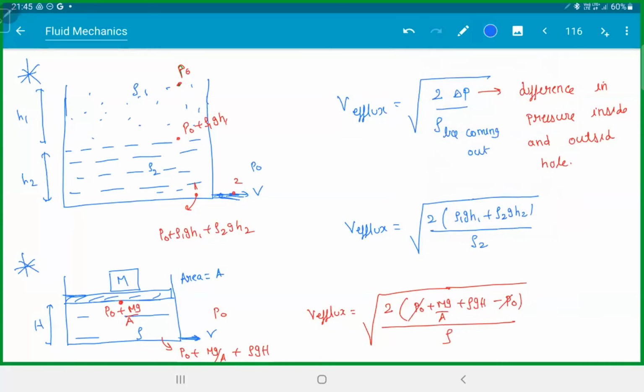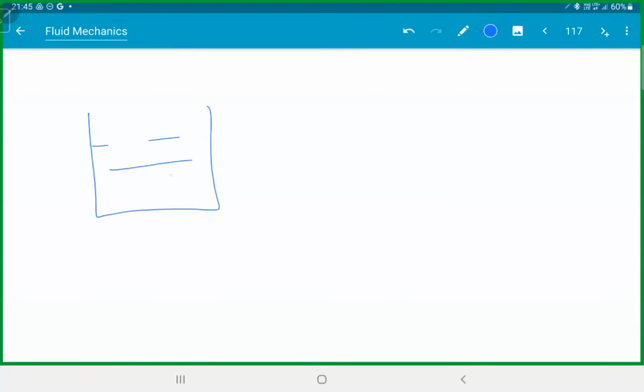So these are all the different variations of questions that will come. Just find the pressure at the bottom as if the liquid is not flowing, get the pressure difference and finish it off: 2 delta P by rho. So I can play around with different questions like this. I can even ask a question like this. We have a container filled with liquid, you closed it and you pumped air inside and pressure became 4P naught. Then they'll ask you what is the speed. So 4P naught plus rho g H minus P naught, 2 delta P by rho.